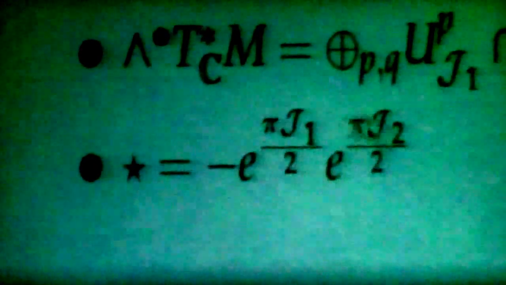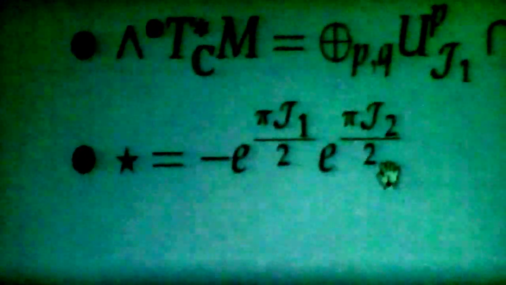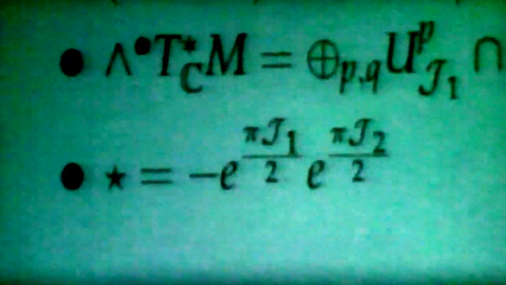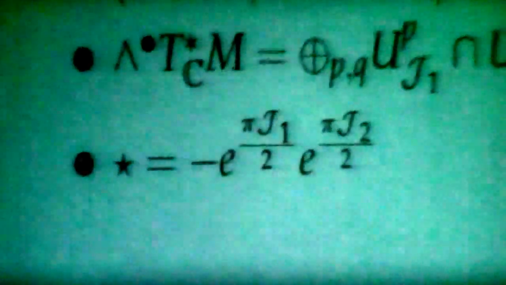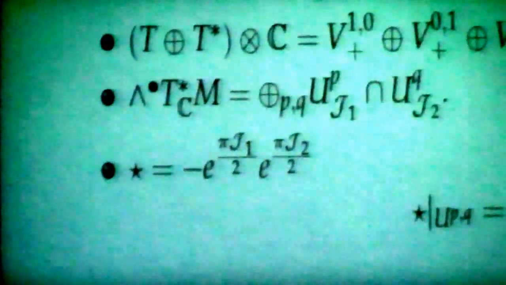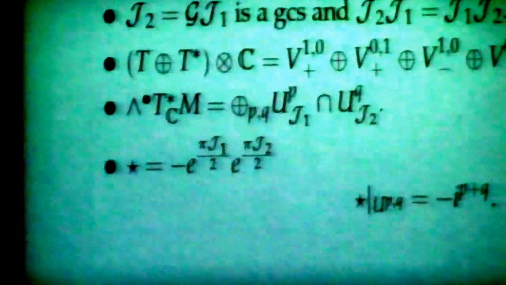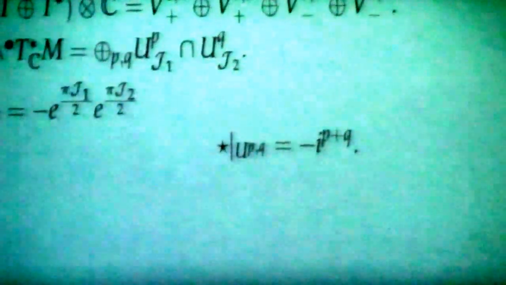It's just the exponential of the actions of J1 and J2. So if you are in U^{P,Q}, it's just i to the P plus Q. So it's a very simple action. The Hodge-Riemann bilinear relations seem somewhat complicated, I don't know who is familiar with those, and this is just an artifact of looking at the wrong decomposition.